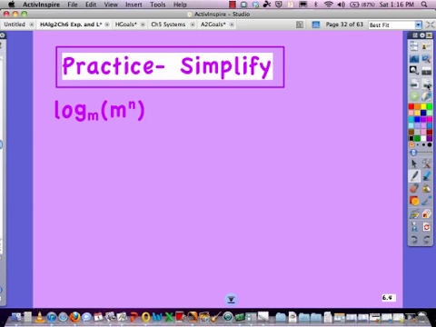The exponent on the number m to the n in base m is what? Well, the exponent's pretty obvious. It's n. Now, if that didn't make sense to you, then you're going to write it in exponential form. What is my base? m. What is my power? We don't know. That's the missing piece. What does it equal? The number we're assessing is m to the n.